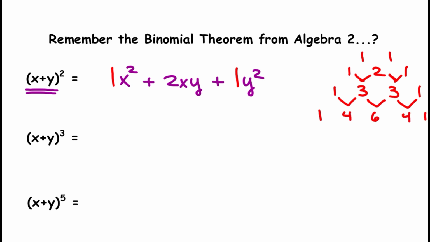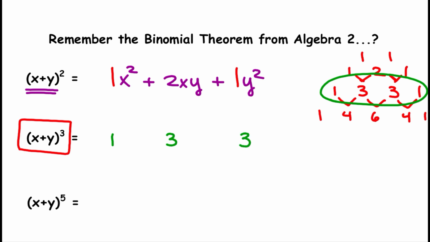So if you want to cube a binomial from Algebra 2, x plus y to the third, you don't have to fumble around by foiling it 3 times. All you simply do is take line 3 from Pascal's triangle, this 1, 3, 3, 1, use that as your coefficients, and then simply start with this power of x, so x to the third.